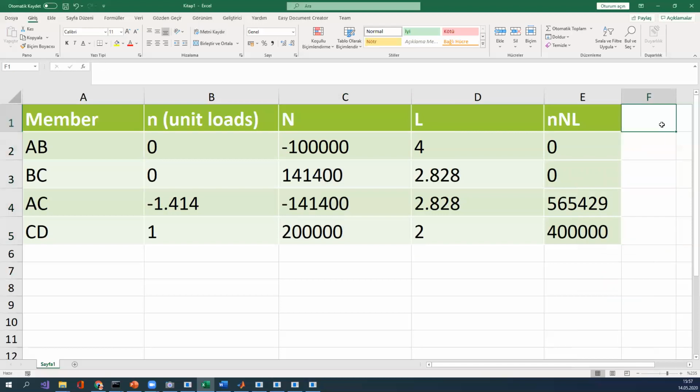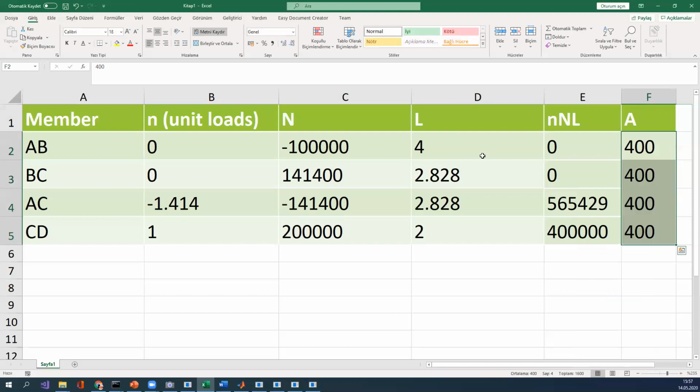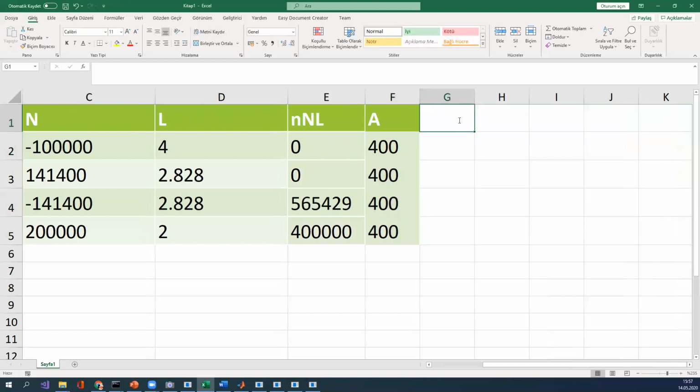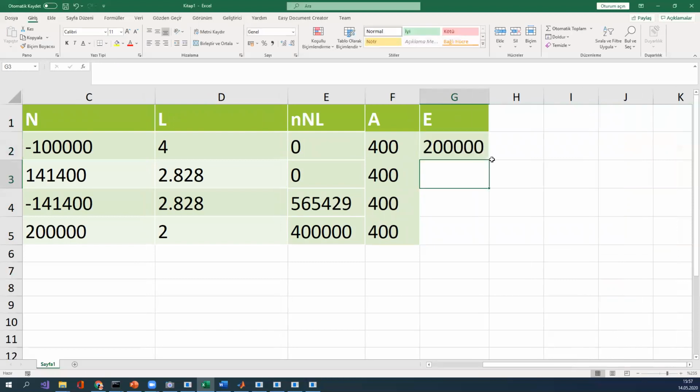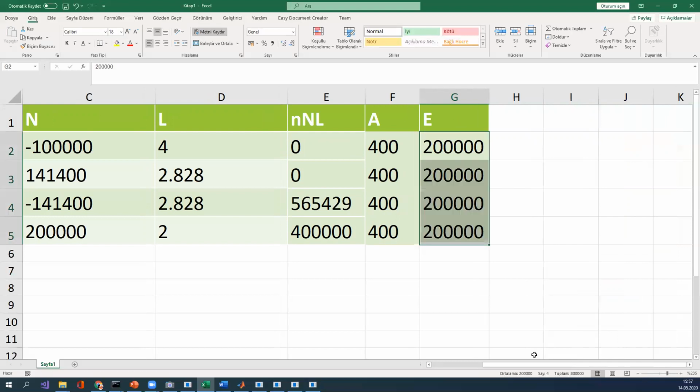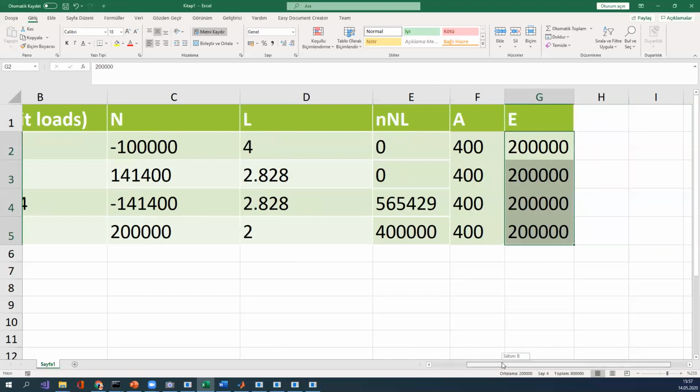I want to add the area. Area is 400 for all sections. Also modulus of elasticity, I want to convert to megapascal. Therefore, I have to write 200,000 here. Again, I write here. Okay.